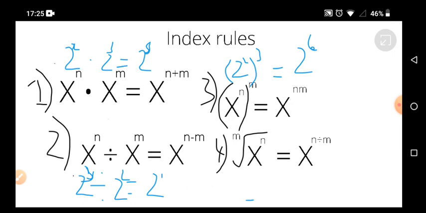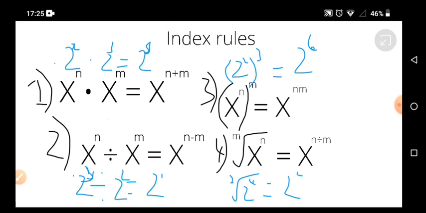So I could have 2 to the 4 square rooted. 2 to the 4 is 16. Square root of 16 is 4, and 4 written as a power of 2 is 2 squared. Or we could have done 4 divided by 2 and got 2.